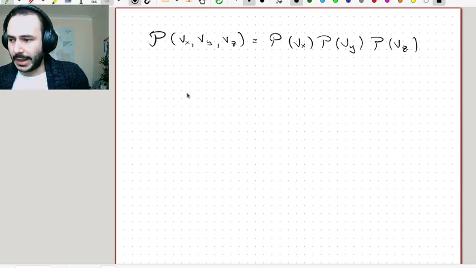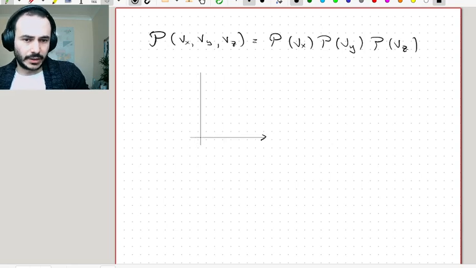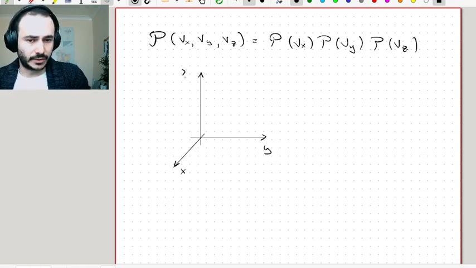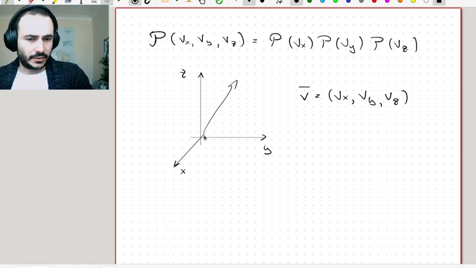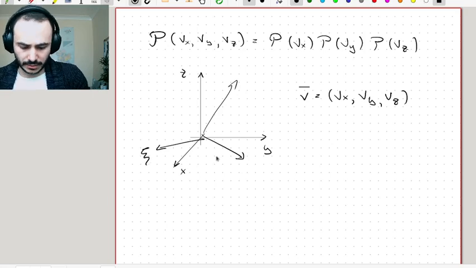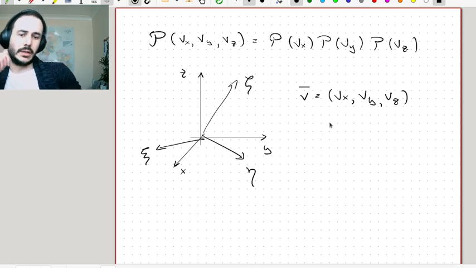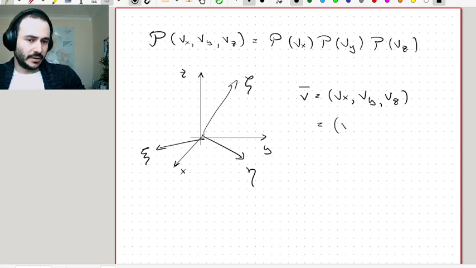Another thing that is clearly necessary is that if I choose to work with this specific reference system, x, y, and z, so that the velocity v is written with these components, and then I decide to choose a different, rotated system like this one, where I call the components, I don't know, chi, eta, and zeta, then the same velocity vector would have different components, of course.